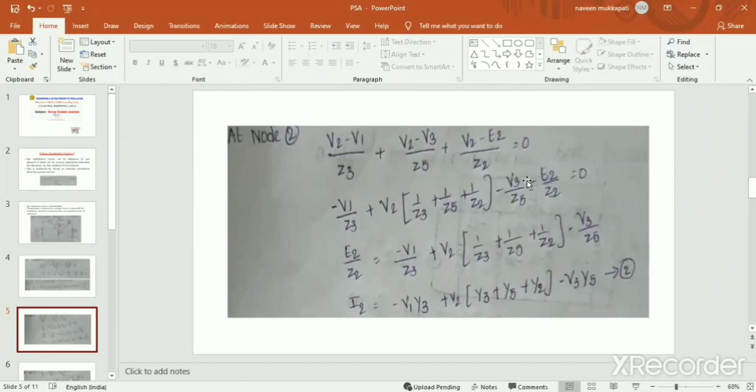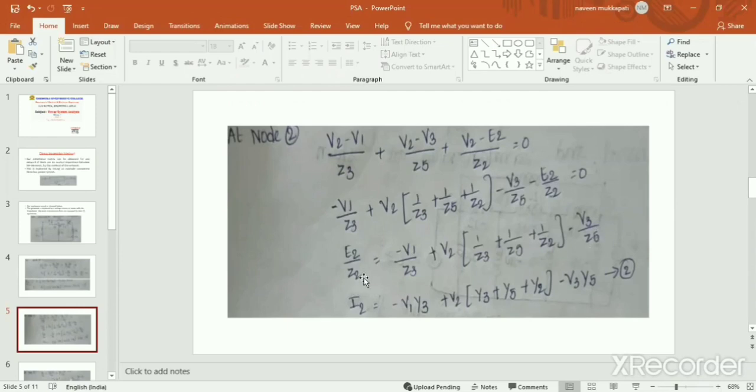Then E2 by Z2 is I2. Voltage by impedance is equal to the current. Therefore, E2 by Z2 is equal to I2, which is equal to minus V1 by Z3 plus V2 into (1 by Z3 plus 1 by Z5 plus 1 by Z2) minus V3 by Z5.